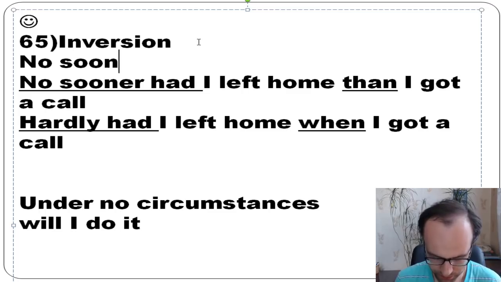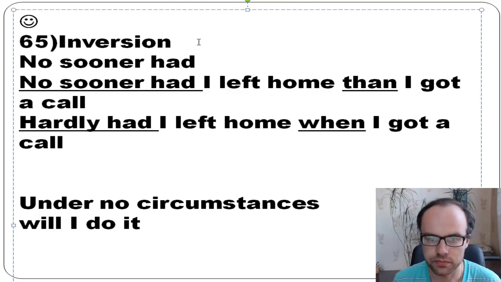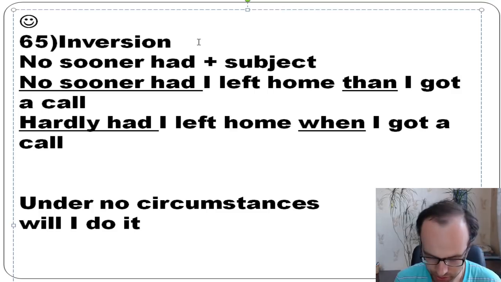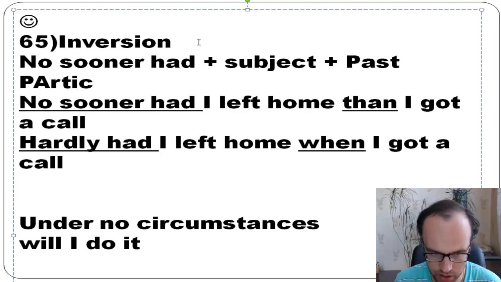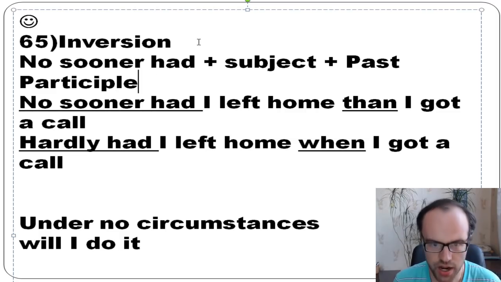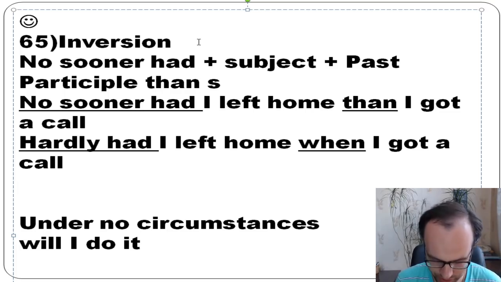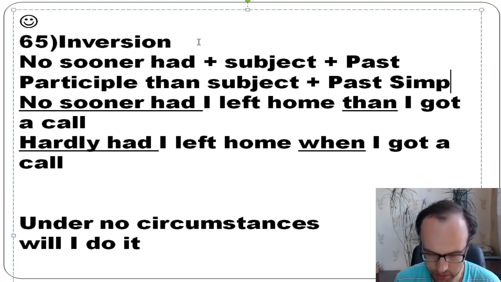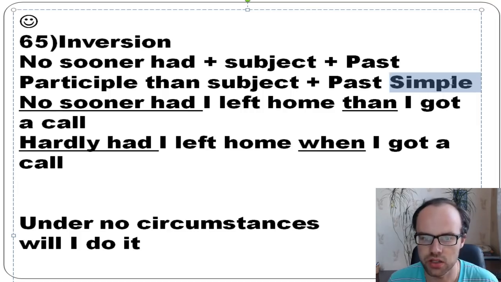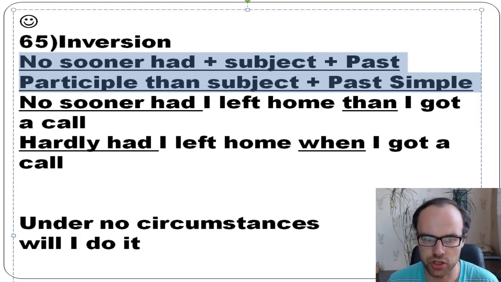No sooner, then you use had plus subject plus past participle, okay? I hope that's clear. Then use than plus subject plus past simple, okay?